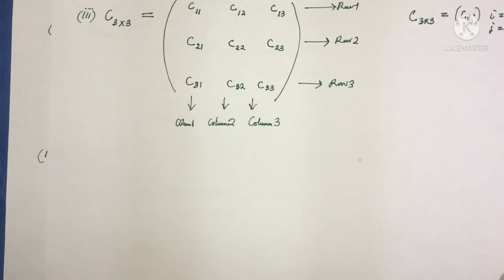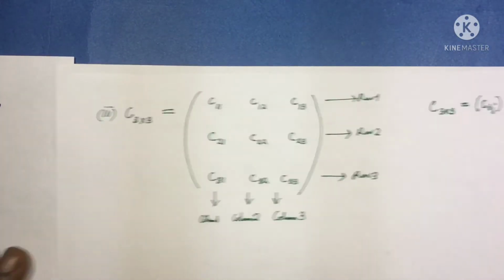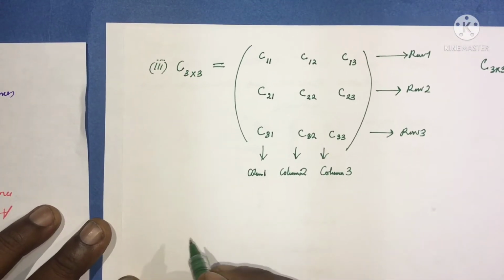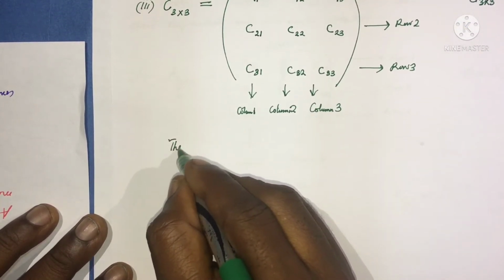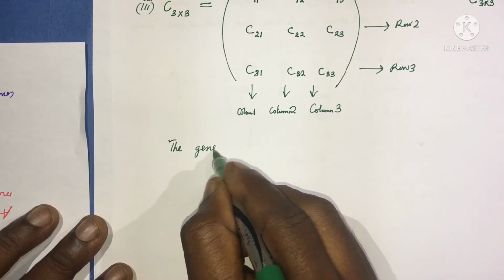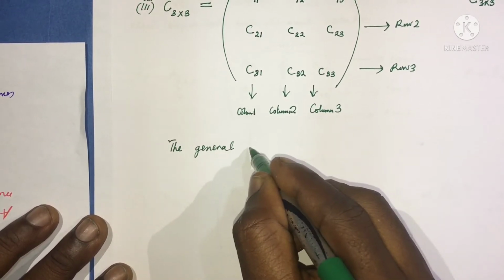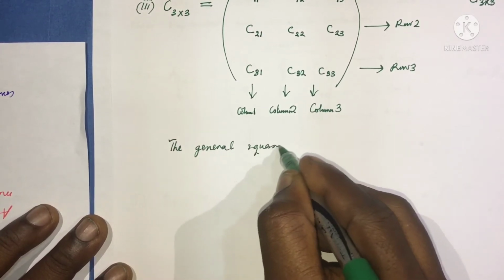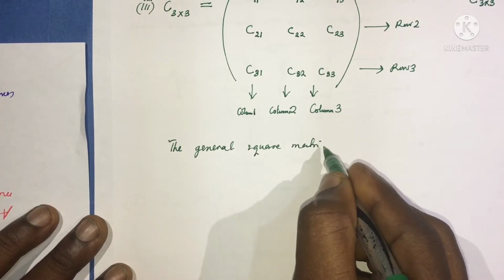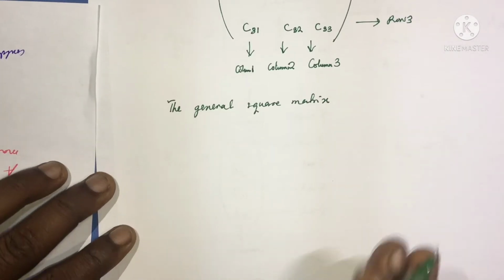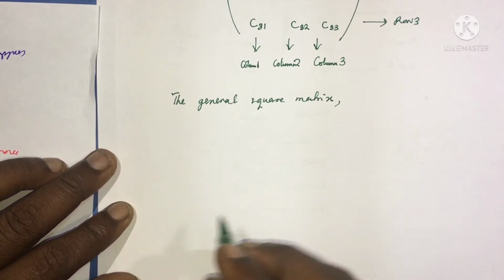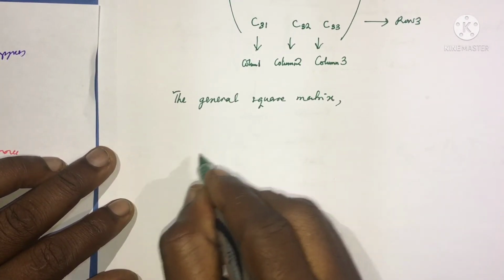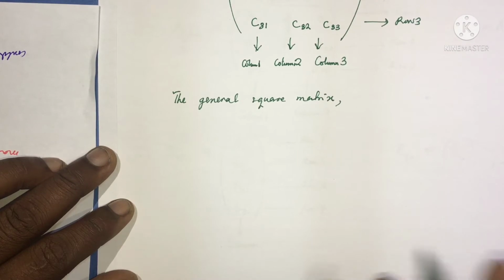So that is an explanation on that. Now, if you were to write the general square matrix, as we shall see subsequently, when we get into types of matrix, you would know what this means, but let me use it to explain. The general square matrix is a matrix that has an equal number of rows and columns.